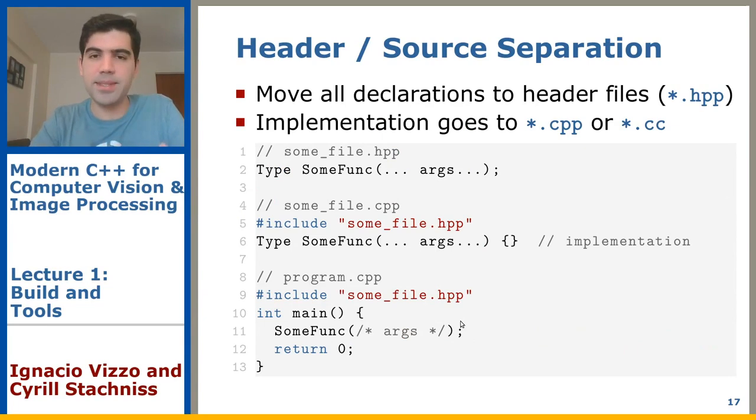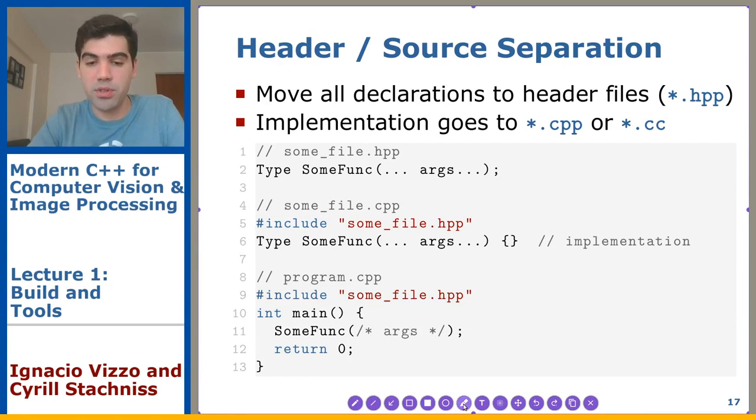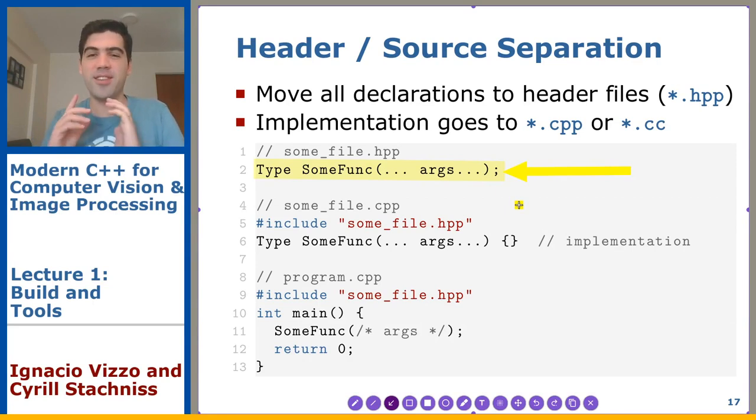How do we split this between files? Usually you will have a header file where you only put the interface, and this is how you specify a function declaration. The interface is this part, and you specify it with this semicolon. This says there will be an implementation for this function, believe me, it will happen at link time.